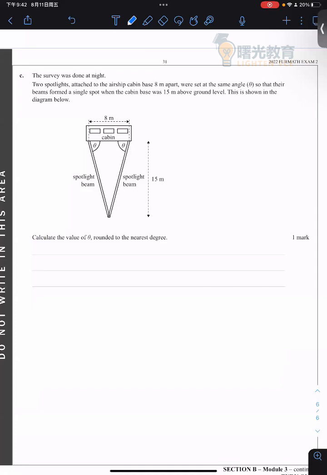Now, this is obviously an isosceles triangle, all right? So you need to bisect it.